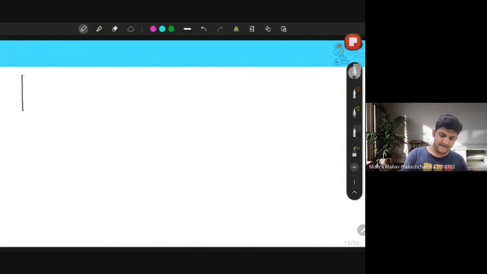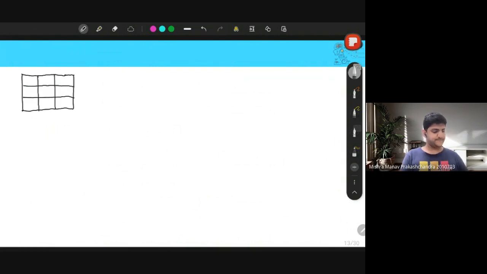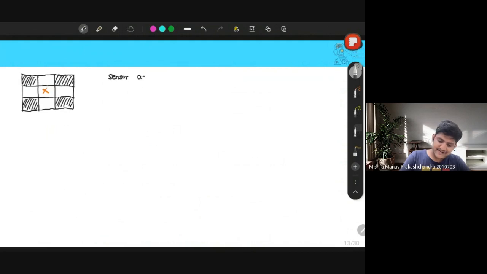Now imagine you have a 3x3 grid world, where this is an obstacle, and let's say the agent is at position X. Here we say that the sensor accuracy, or rather the correctness, is 0.9.